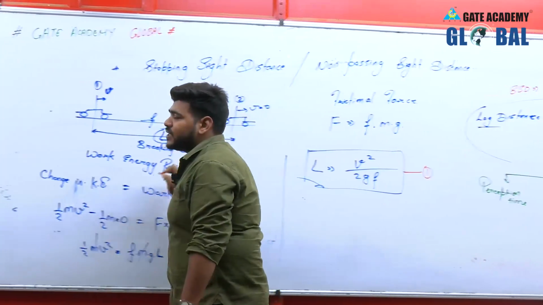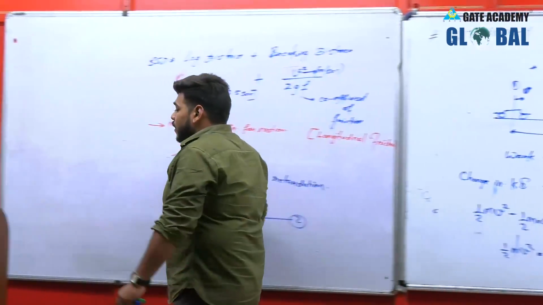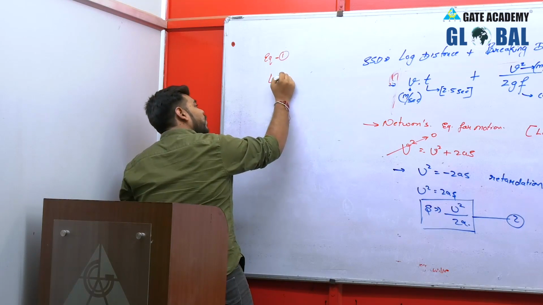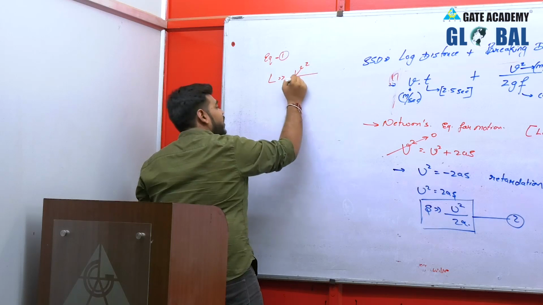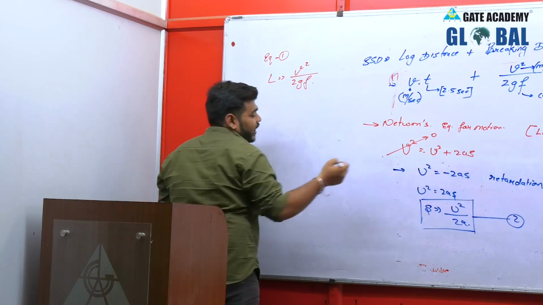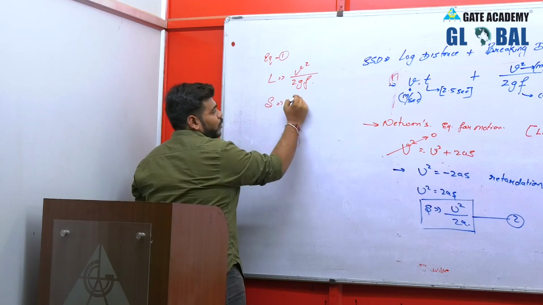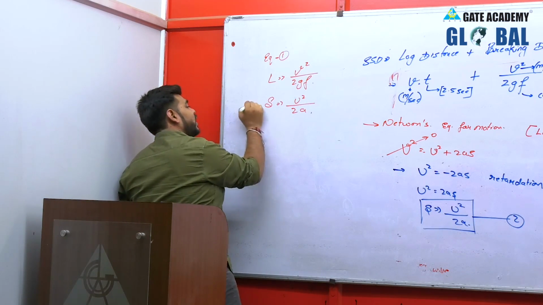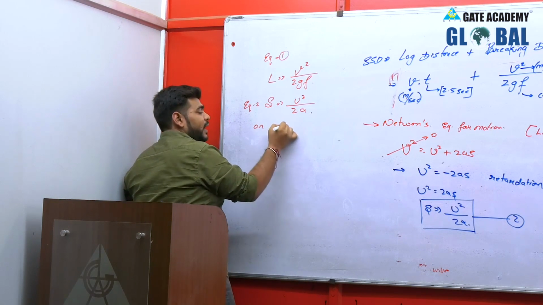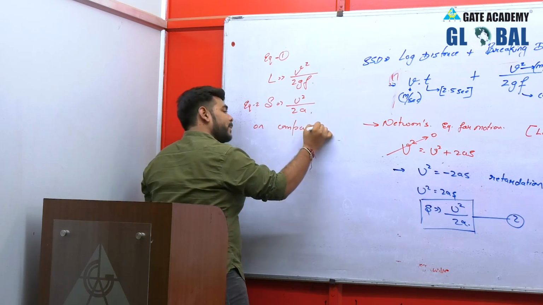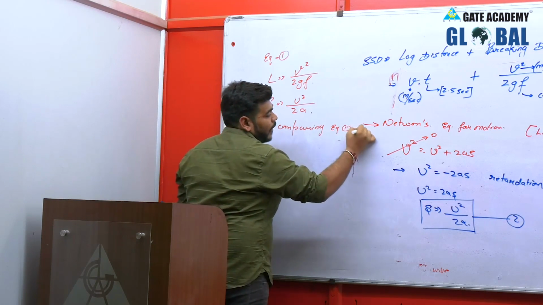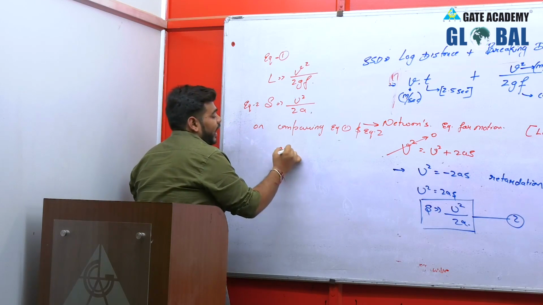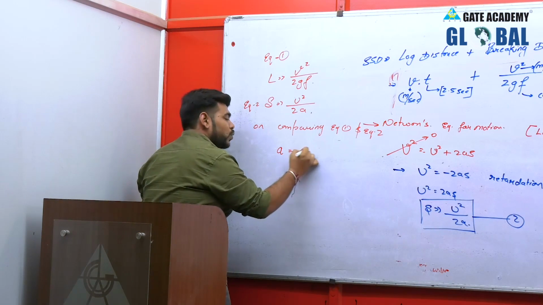On comparing, equation 1 is L = V²/2gf, and equation 2 is s = u²/2a. So on comparing equation 1 and equation 2, we come to know that the value of a is equal to gf.